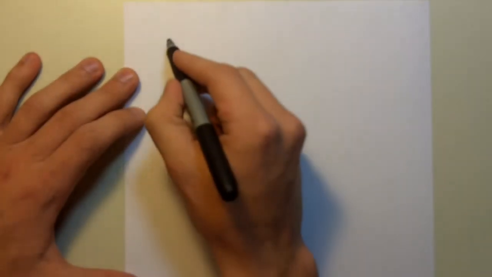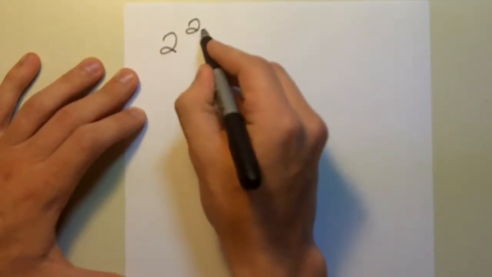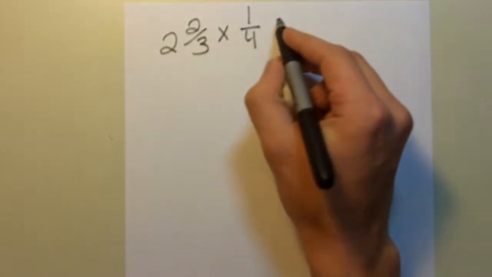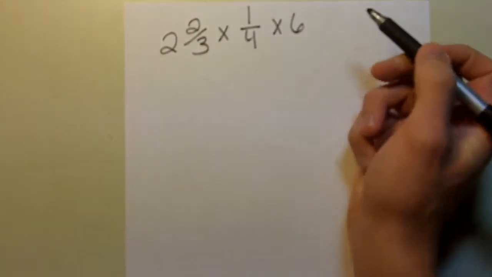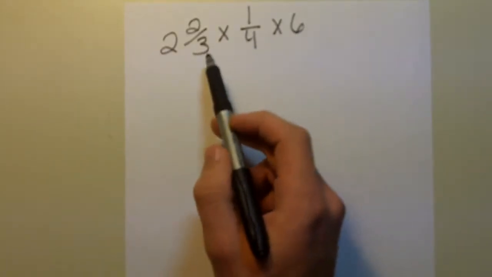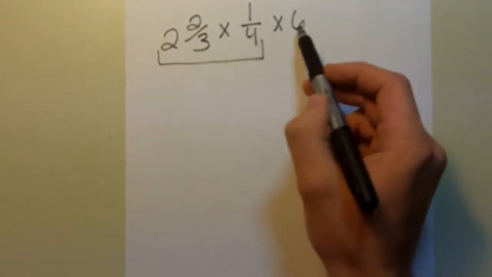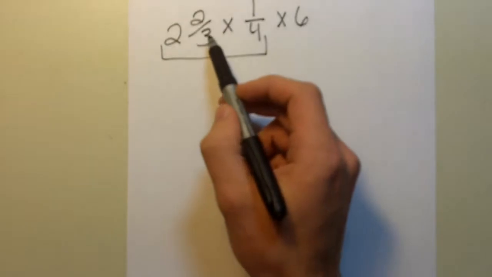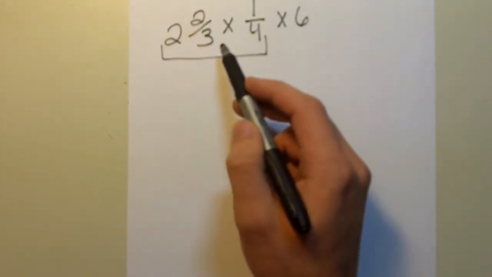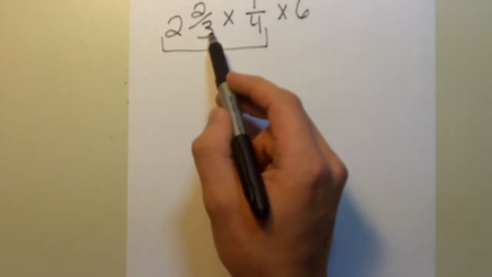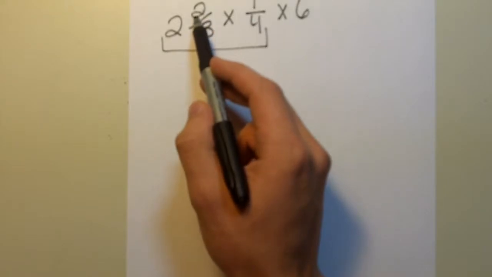So let's say we had something a bit more scary. Let's see, if we have something like 2 and 2 over 3 times 1 over 4 times 6. Now what we can do here is break this fraction up so that we're only dealing with this, and then we'll multiply this later. To get this into an improper fraction, which we've talked about, we multiply 3 times 2 and then add 2.